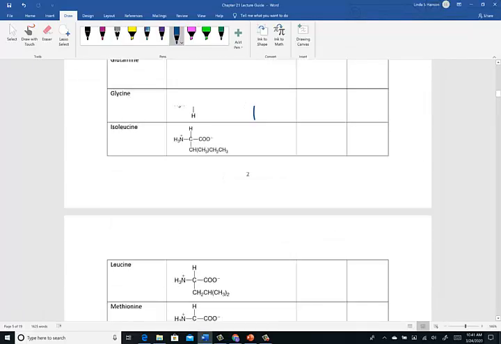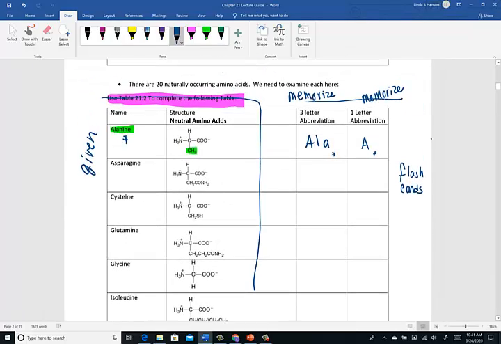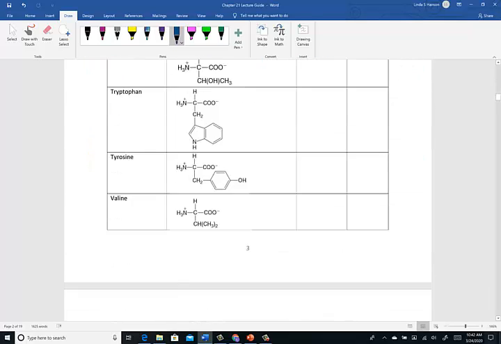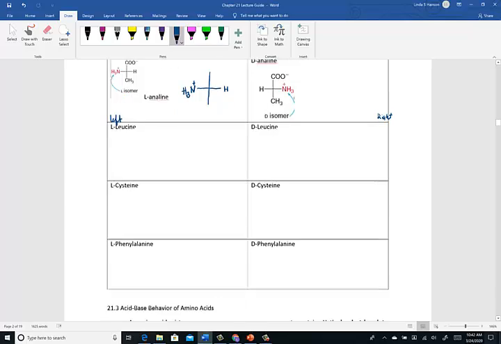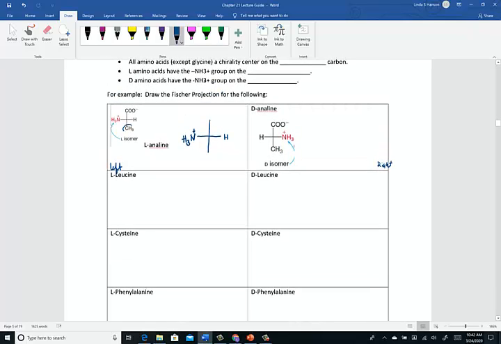Here it is, alanine. See how I'm knowing what the functional group is? It's a CH3 functional group. That functional group let me know the identity, and that's how I knew that this was alanine, because that's the R group right there. So when I write CH3 down here, I've now identified the amino acid as alanine.